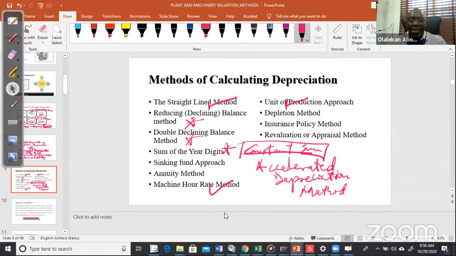All the ones I marked come under the constant sum depreciation method. Why are they accelerated? We will explain when we get to those methods specifically. On this note, before I hit the straight line method, any question?